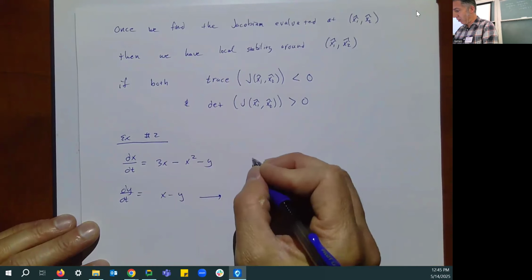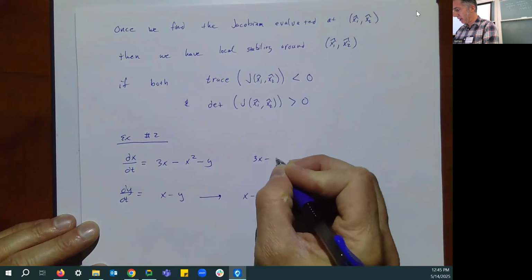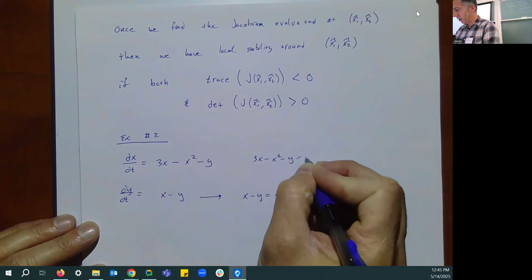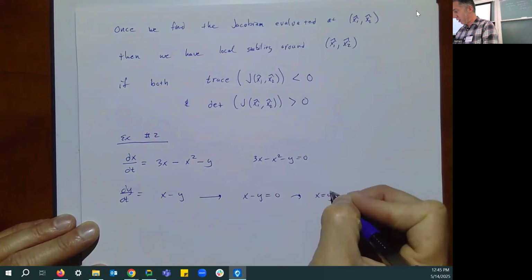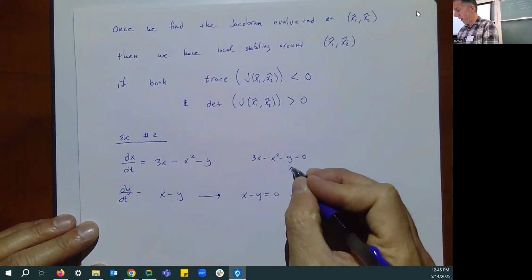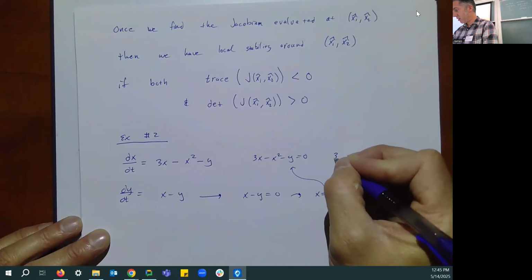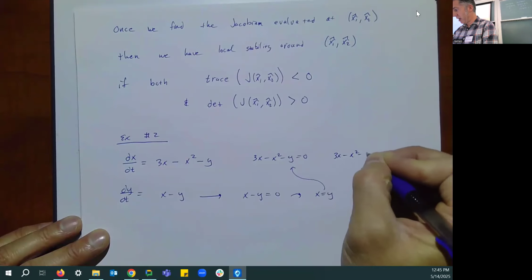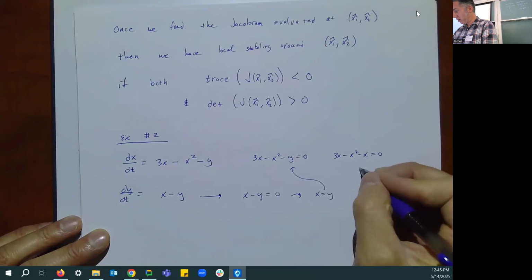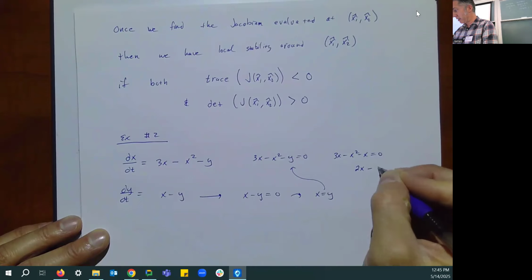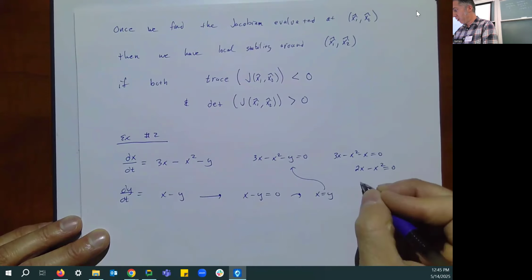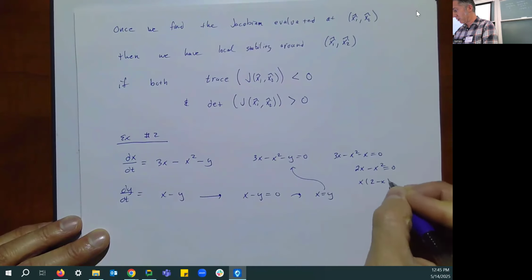So I want to solve 3x minus x squared minus y equal to 0, and I'm going to plug in y equal to x. So I really have 3x minus x squared minus x equal to 0, or 2x minus x squared equal to 0, or x times 2 minus x equal to 0.